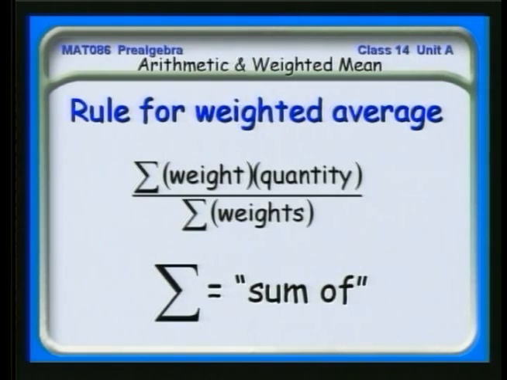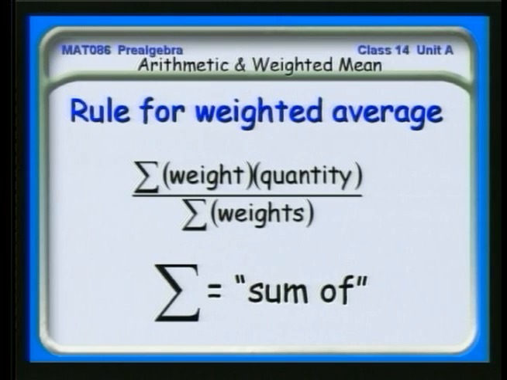Let me just review here the rule for the weighted average and throw in something that really spooks people and isn't a big deal if you understand what it means. When you deal with some mathematical quantities that means take a sum of, you'll see that represented by this funny looking thing, and unless you were in a fraternity or sorority or taking a bunch of physics classes, you may not know what it is.